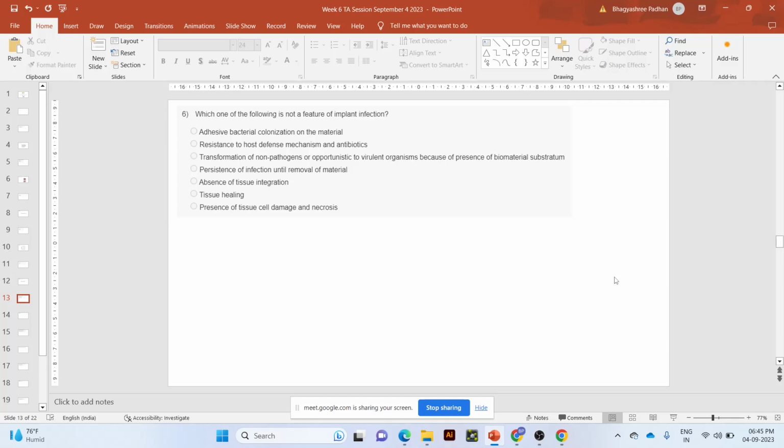Persistence of infection until removal of material. Correct. Absence of tissue integration. These are also correct. Tissue healing is not a feature of implant infection. This is the feature of the implant. So this will be the correct option, tissue healing. And also there is presence of tissue cell damage and necrosis when there is implant associated infection.